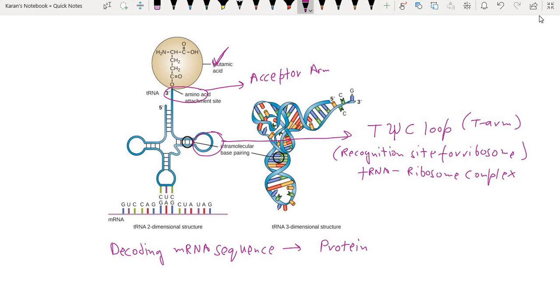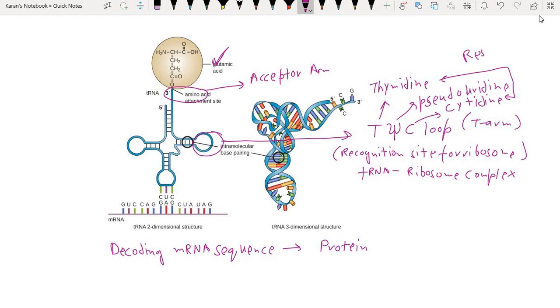In this T psi C loop, T is basically thymidine. This is very important. Then psi means pseudouridine, and the C means cytidine. So all these are the residues: thymidine, pseudouridine, cytidine. These are the residues, right?